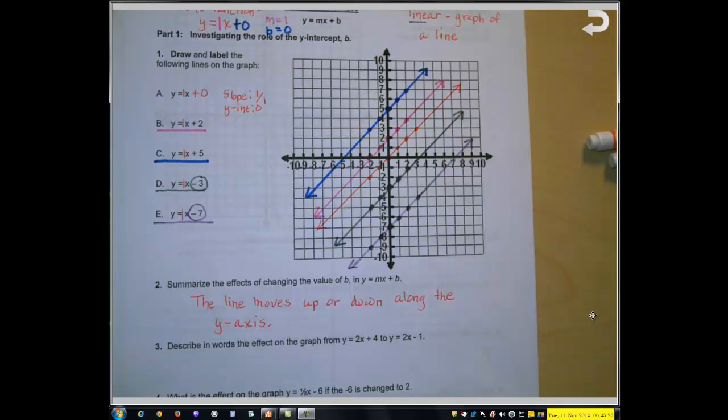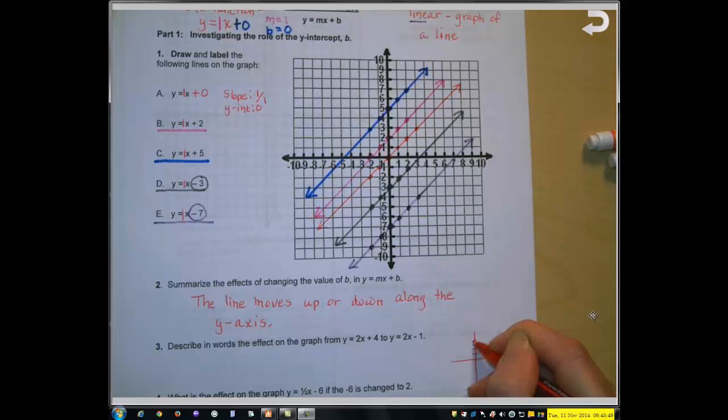Okay, let's look at 3 together. Describe in words the effect on the graph from 2x plus 4 to 2x minus 1. So let's just draw our own little graph out here. If we were to graph the line 2x plus 4, it would have a y-intercept of positive 4.